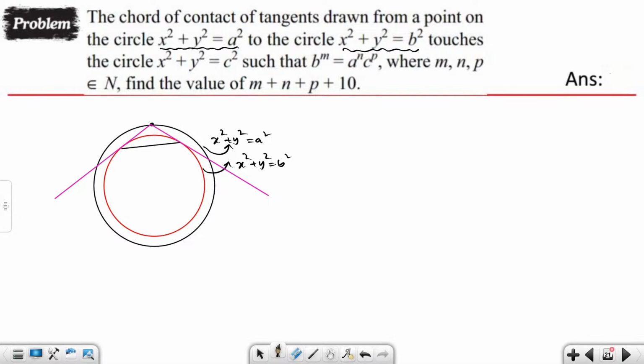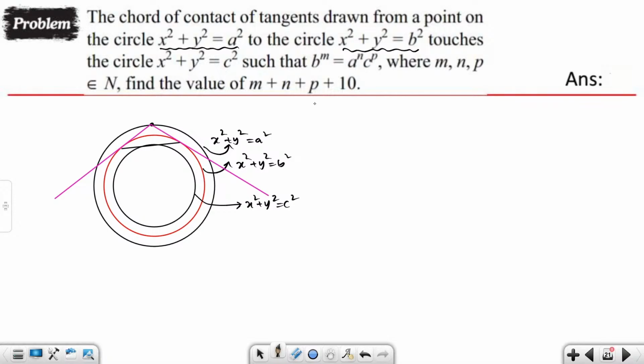Now x square plus y square equals c square is definitely a concentric circle with the given circle. So how will the circle look? The circle is concentric with this, and this chord of contact is a tangent to the circle. Am I correct? This thing is actually happening. This is your x square plus y square equals c square.